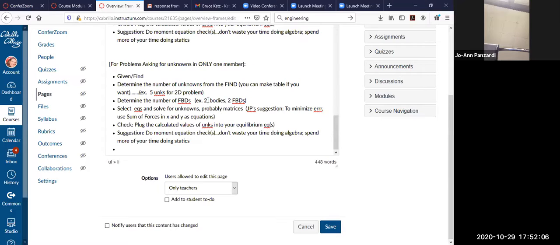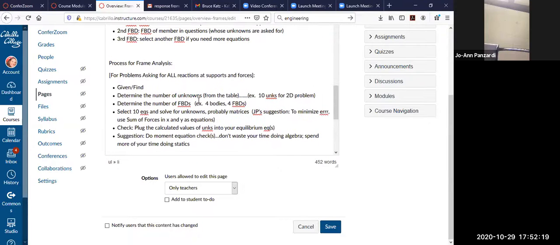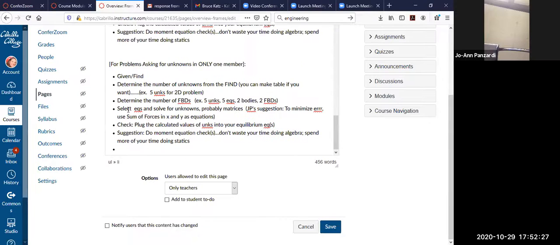So hang on. 5 unknowns means 5 equations, which means 2 bodies. So the same thing, I should write that up here. 10 unknowns means 10 equations, 4 bodies.